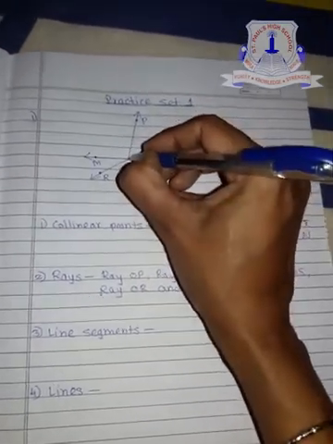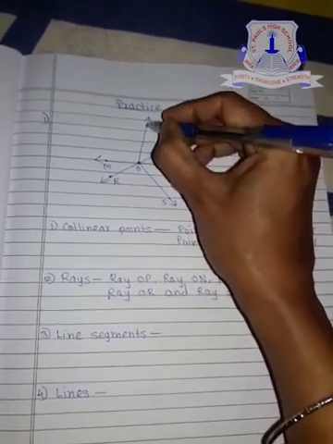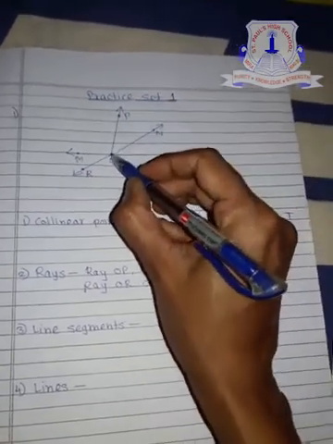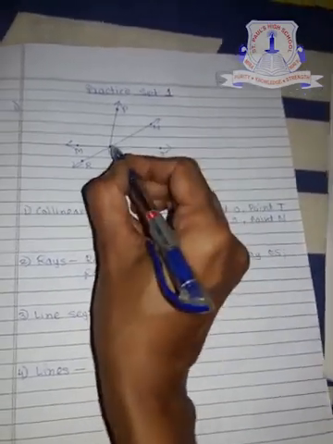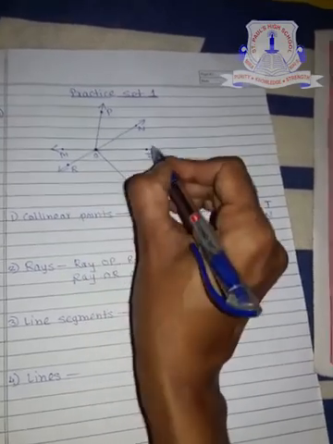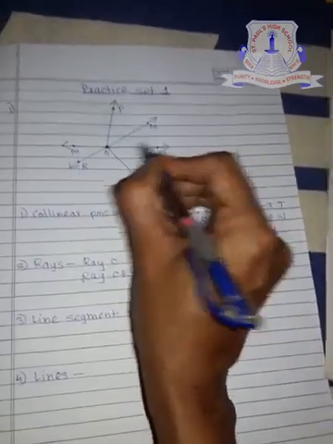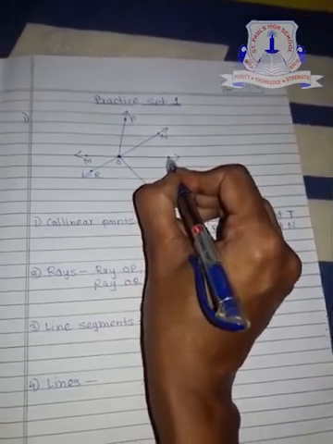After that point O and point P, this is also a segment, segment OP. Again this is segment ON, segment OT, because it has two end points. This O is the starting point and T is the ending point. That's why it is a line segment. Understood?